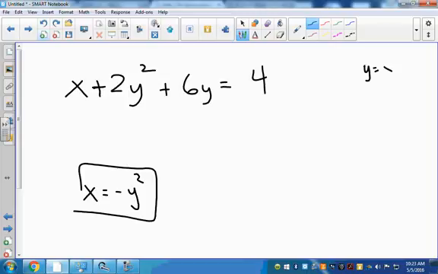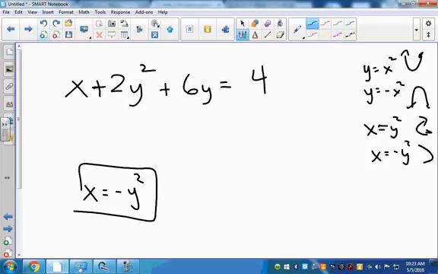Y equals x squared, that's in your library of functions. Y equals negative x squared, sad face. X is y squared to the right, and x is negative y squared to the left. If you get those wrong, you're going to get a bunch wrong. So this one now is x is equal to negative y squared.